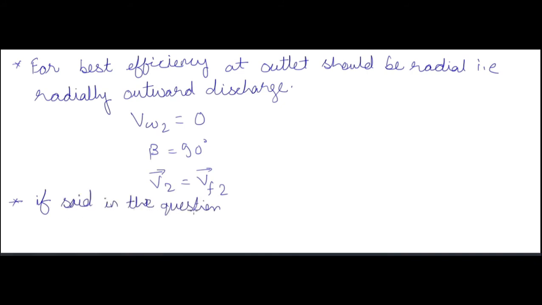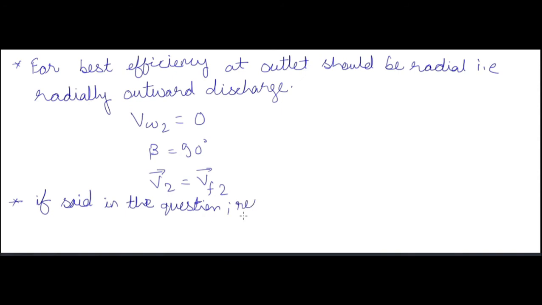So in that velocity diagram, when you have Vw2 equal to 0, beta equal to 90 degrees, and V2 equal to Vf2, then the flow will be radial at the outlet, or it will be a radially outward discharge, and then you will have the best efficiency of the turbine.